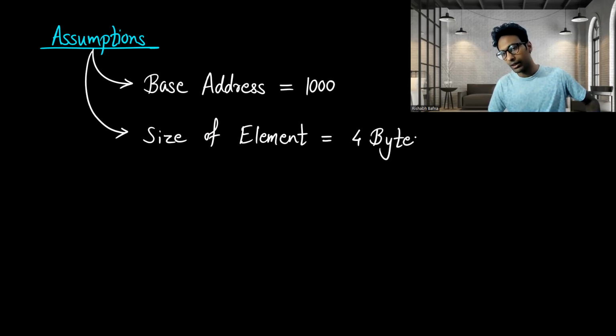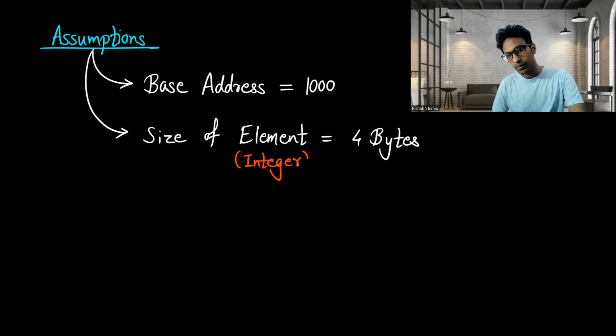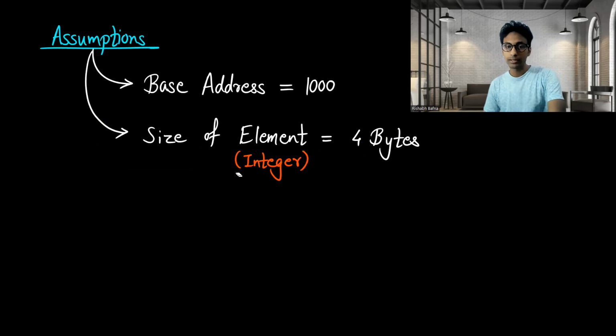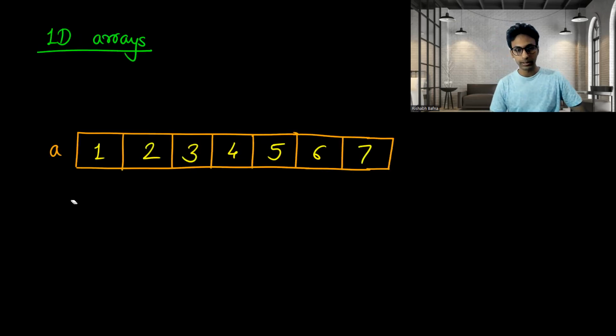Okay, that would be good. Let me write in brackets, integer, because all these are integers, isn't it? 1, 2, 3, etc. All these are integers. Base address is 1000 and size of element is 4 bytes.